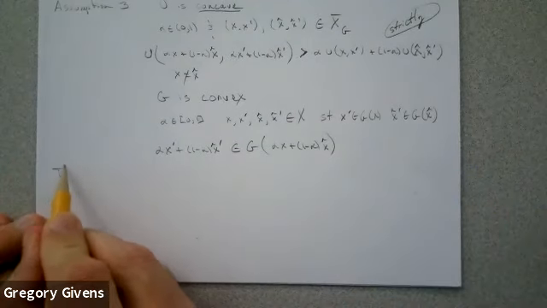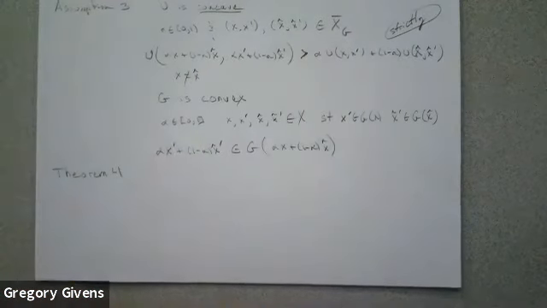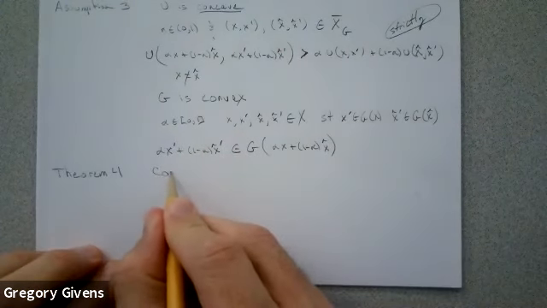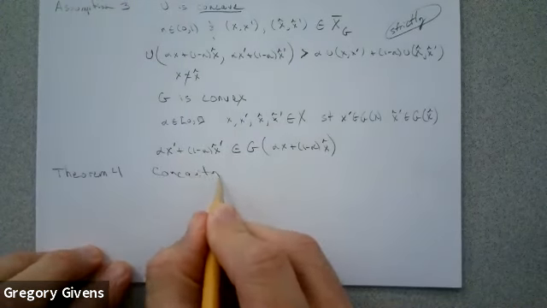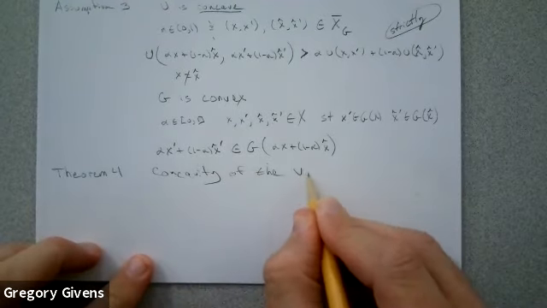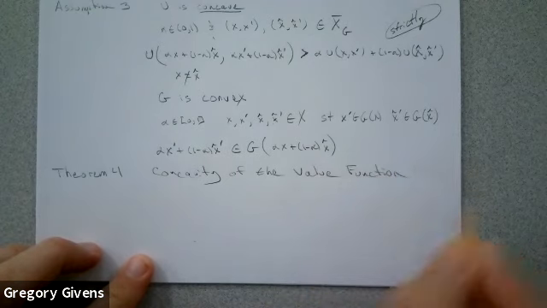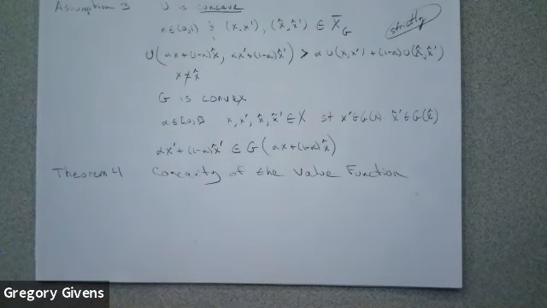Let me jump back to the next relevant theorem then, and that is Theorem 4, which we'll just call concavity of the value function. Let's suppose that assumptions 1, 2, and 3 now hold. So importantly, the payoff function is concave, the constraint set G is convex.